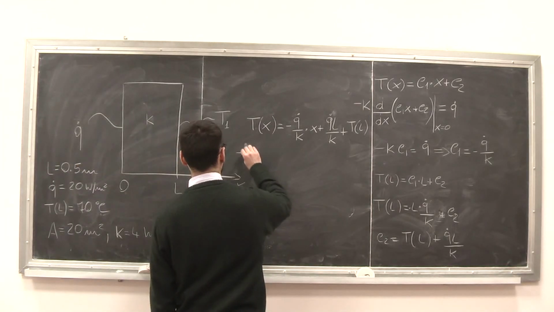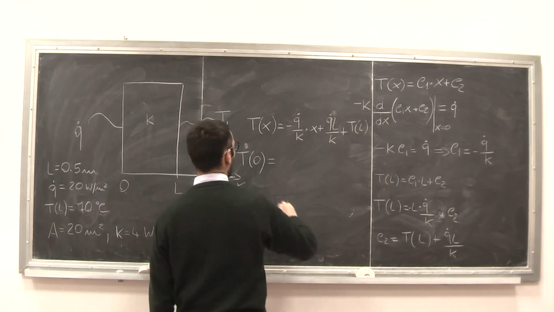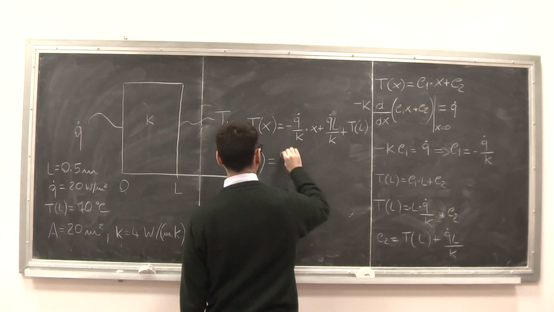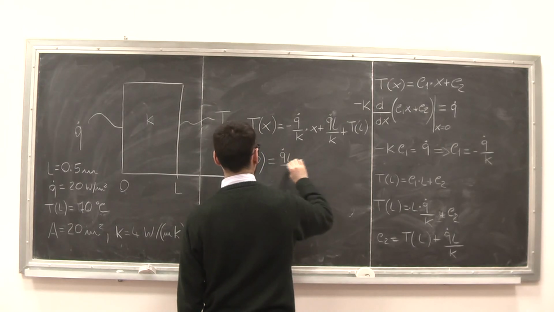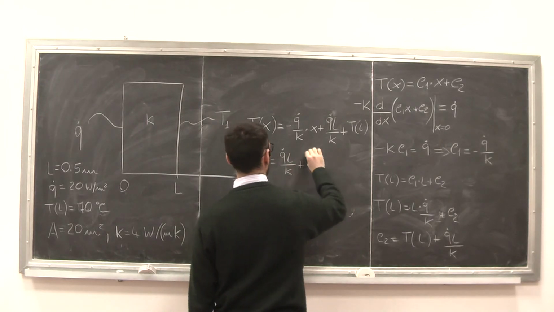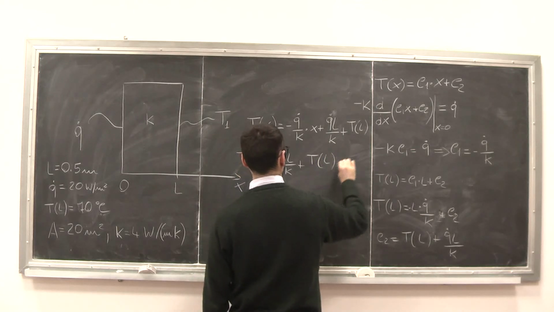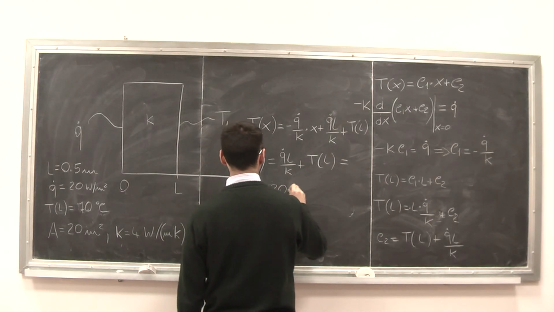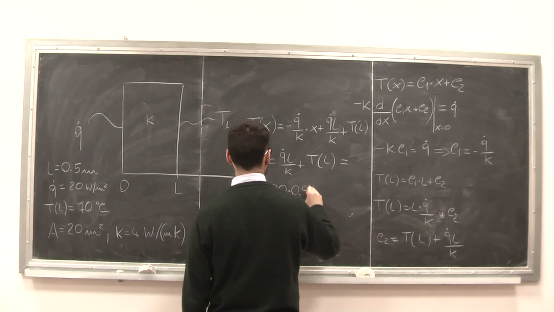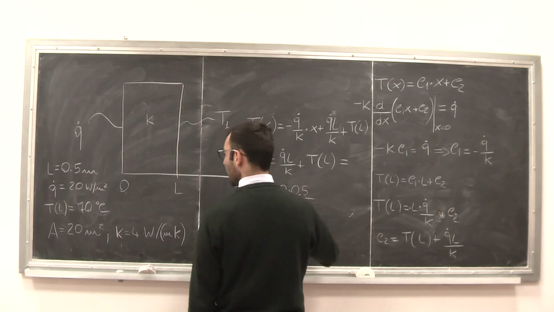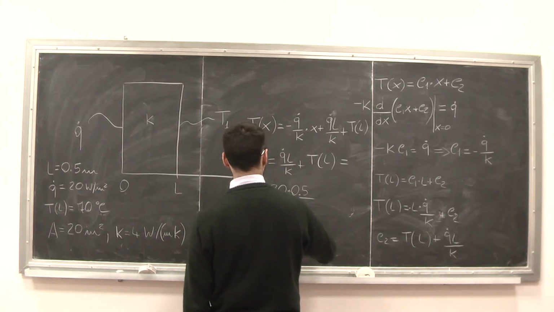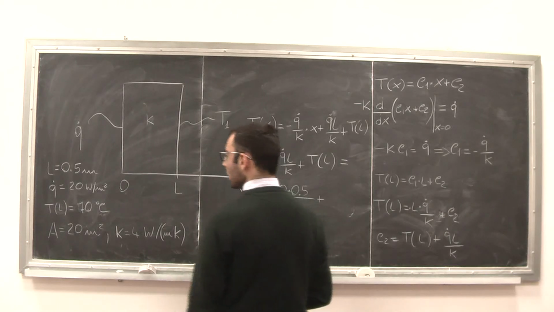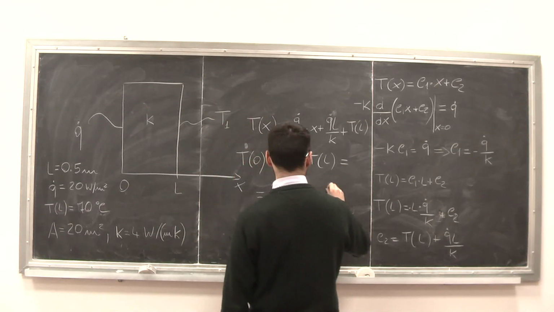So we have that T in 0 is equal to Q dot L divided by k plus T in L, which means that Q dot is 20 times 0.5 L divided by k, which is equal to 4, plus T in L, which is 70.